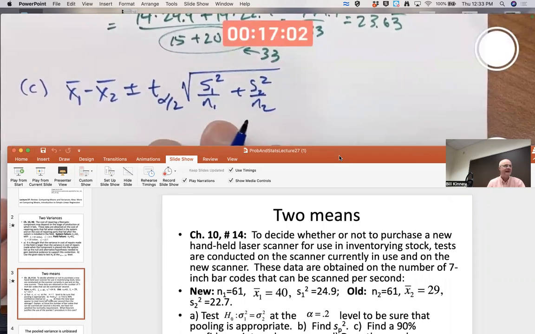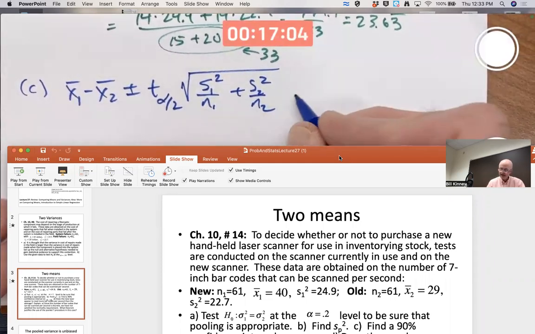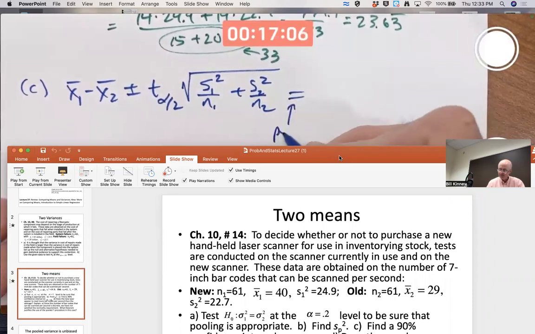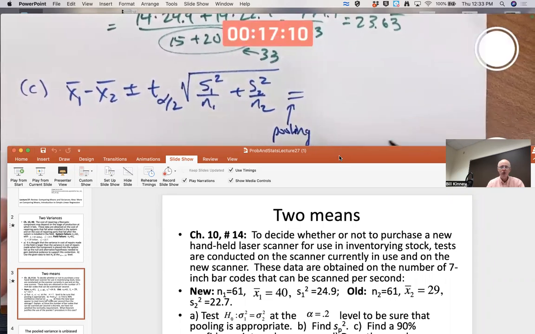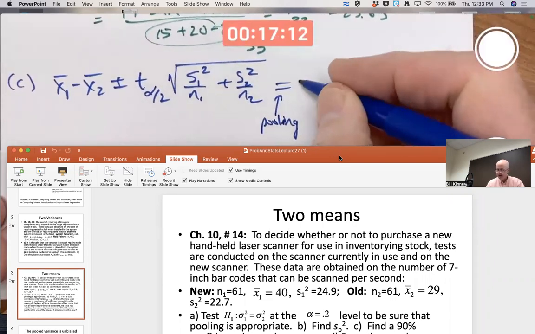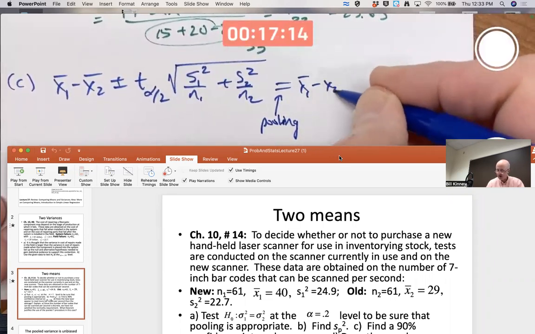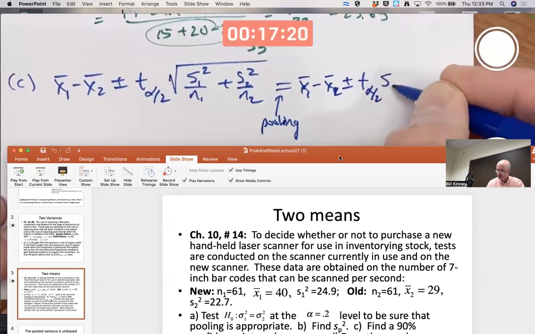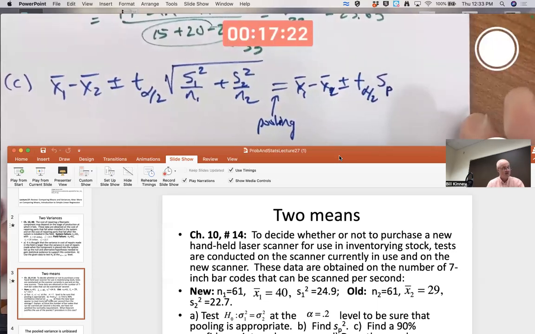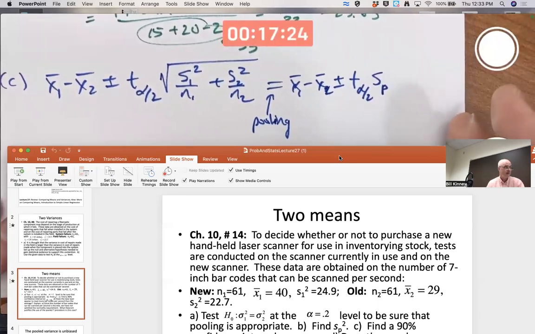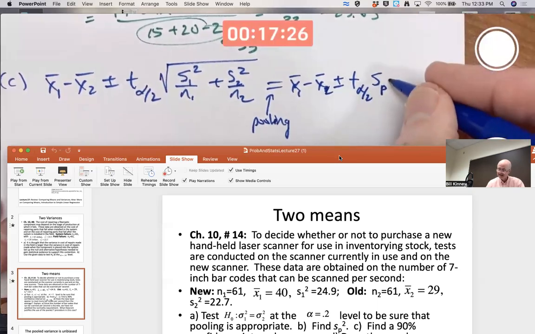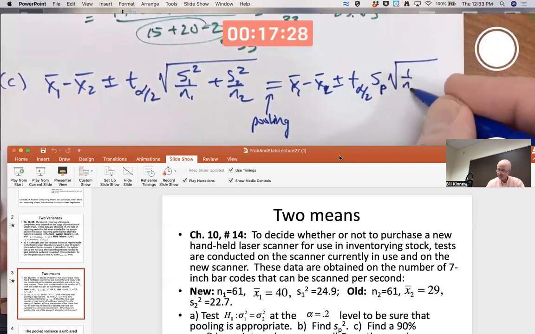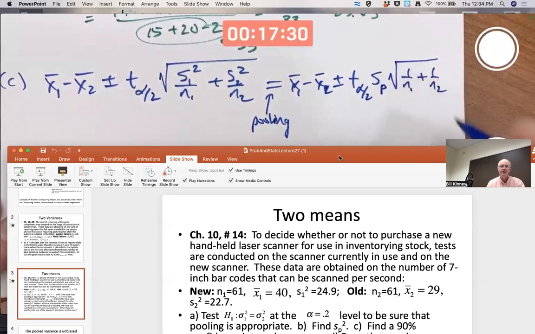It can be factored out and square rooted to become, when you're doing pooling, x1 bar minus x2 bar plus or minus t sub alpha over 2 times the pooled standard deviation, because we took the square root of the variance, times the square root of 1 over n1 plus 1 over n2.